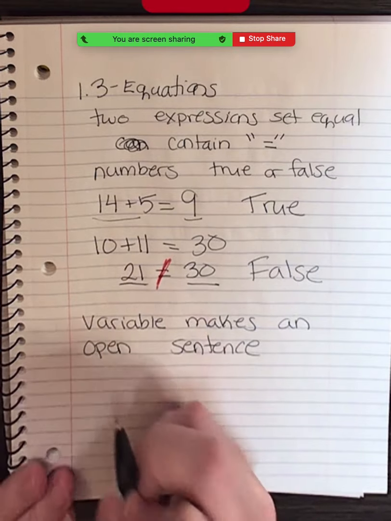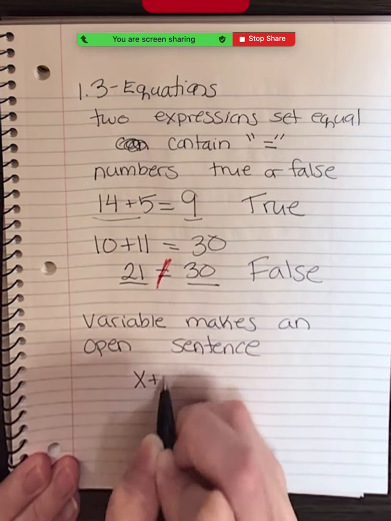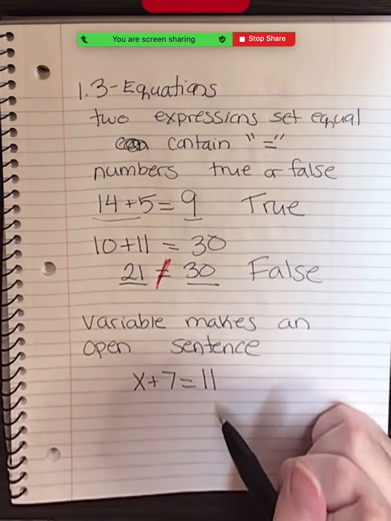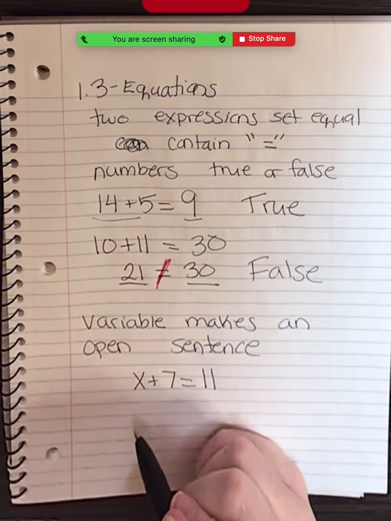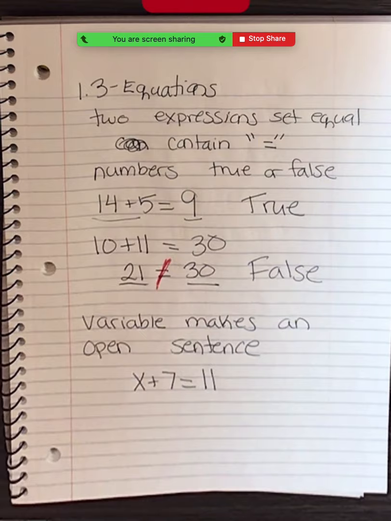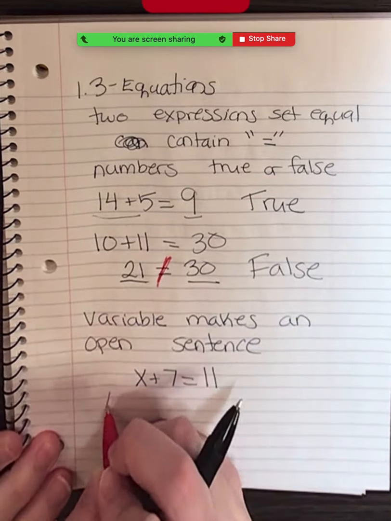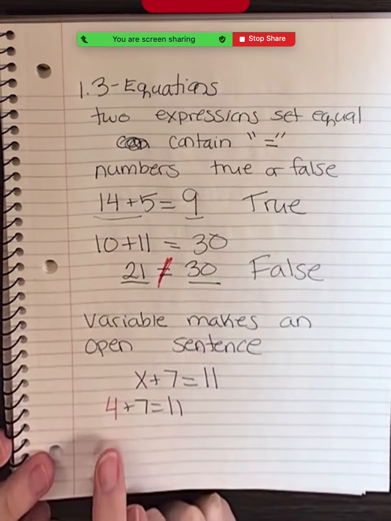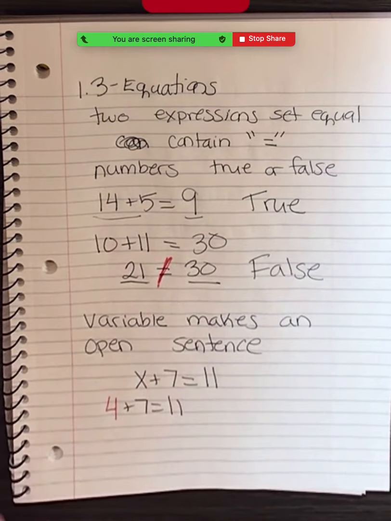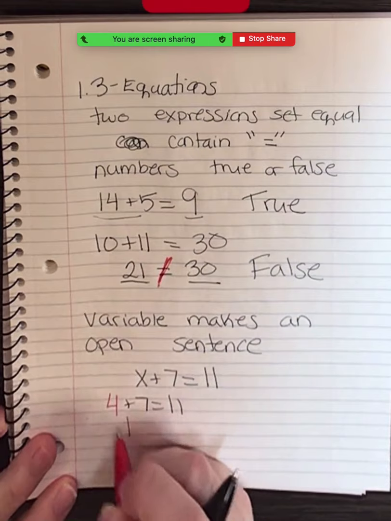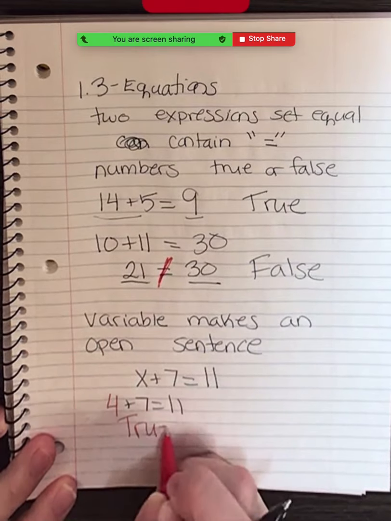Consider the equation x plus 7 equals 11. This is an open sentence. We have a variable. A variable represents a number. We don't know what number it represents, but it represents a number. If I replace the variable with 4, I can decide if this is a true or false statement. 4 plus 7 does equal 11, so this is true.